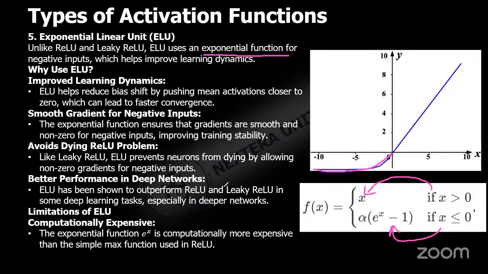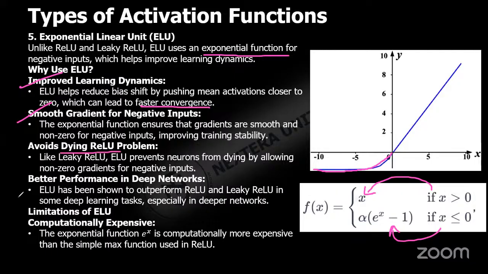What is the purpose of ELU? It helps us with improved learning dynamics, and faster convergence. We can converge very fast. Then for smooth gradient, even for negative values, the gradient will be very smooth. And the dying ReLU problem gets fixed.